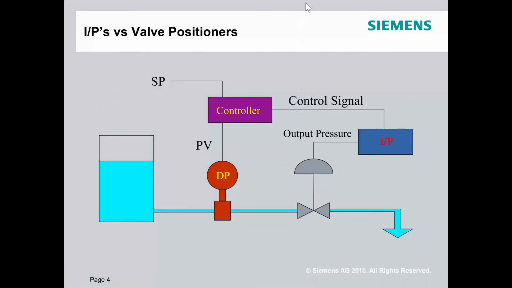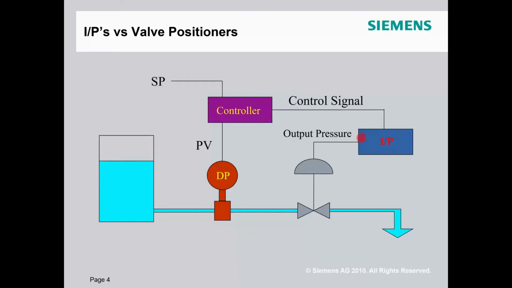So here's a line drawing of that for an I2P. We have a DP here measuring, say, a flow rate coming down a line. That's going to our controller, where we have our set point, like we talked about, of how many gallons per minute we want to flow through this line. That controller sends our 4 to 20 milliamp signal to our I2P, the current to pneumatic transducer, telling it how much pressure to put out.